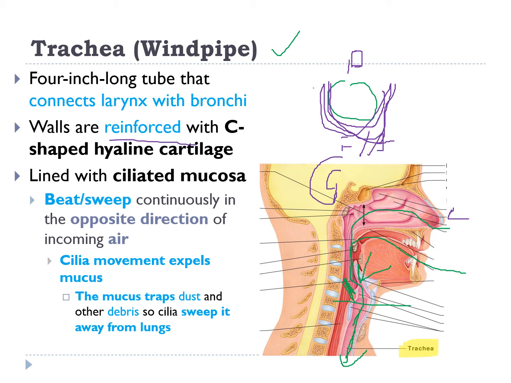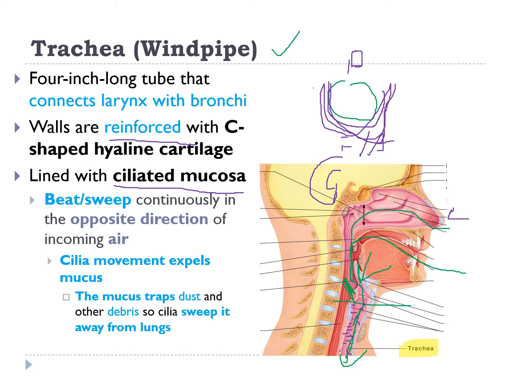Another protection that we use in the trachea is called ciliated mucosa. So we talked about mucosa, but what is ciliated mucosa? Ciliated mucosa is still the same: it's the soft, moist inner skin of the donut that makes up our body. But ciliated mucosa means it has cilia. They have little projections, or they look like hairs. They're not hair at all, but they look like hair or fur.